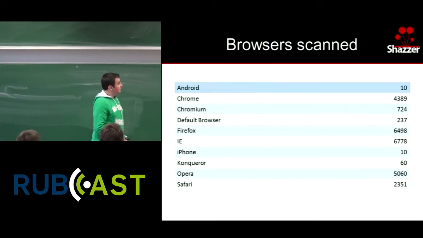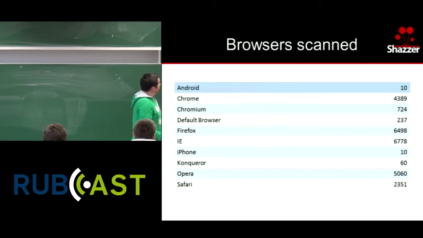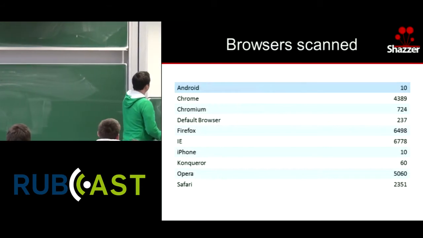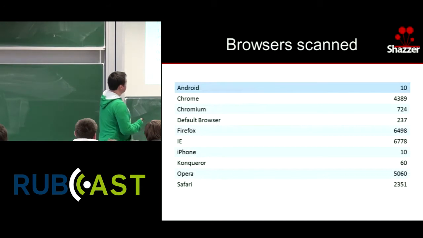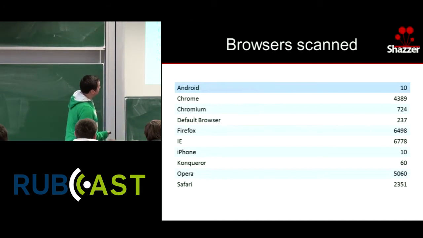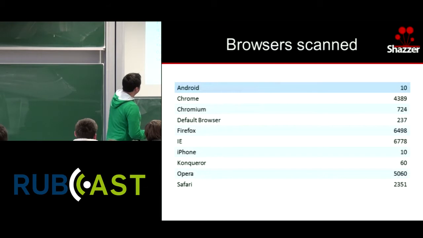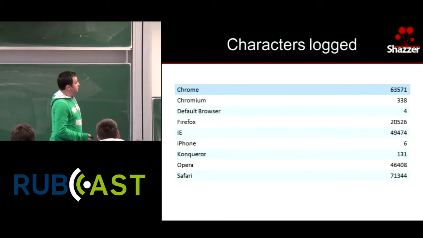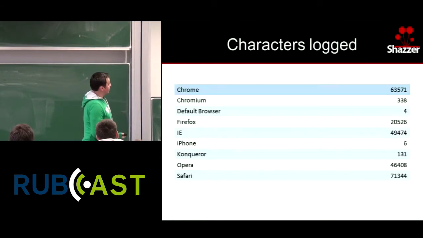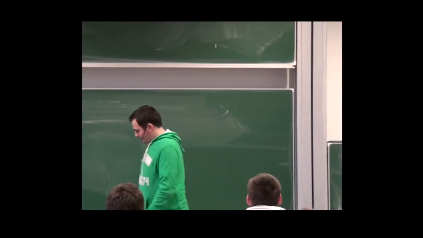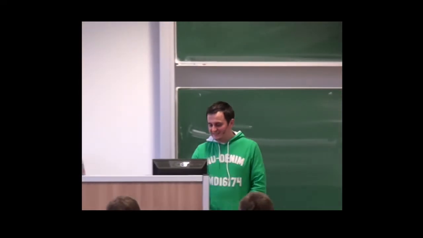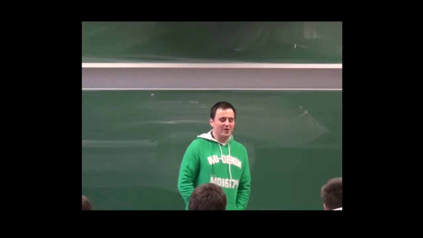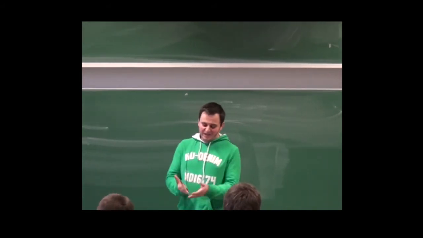Example of data, these are the browsers scanned. So Chrome, Firefox, IE, Opera and Safari: 4,000 in Chrome, 6,000 odd in Firefox, 6,000 in IE, 5,000 in Opera, Safari, etc. It will return the results.